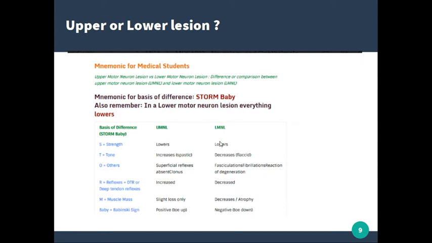In lower motor neurons, the strength is low, there is decreased tone, flaccidity. We usually have the presence of fasciculations or fibrillations, there is a decrease in reflexes, and the muscle mass is atrophied or decreased. Babinski is negative.